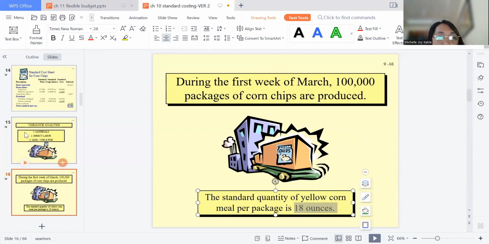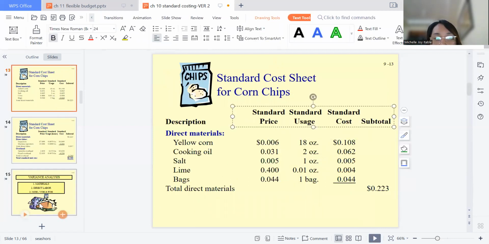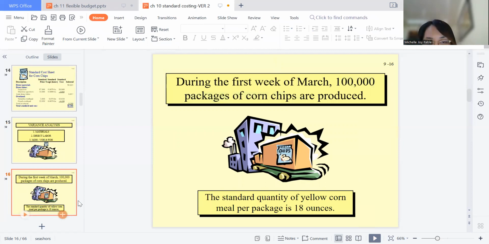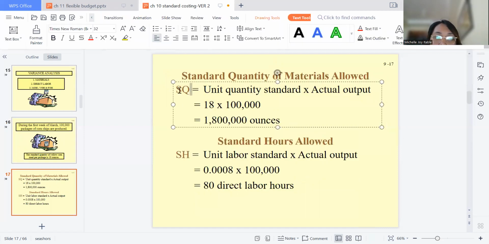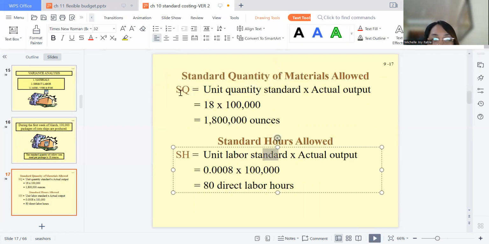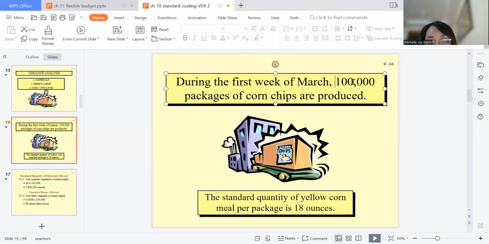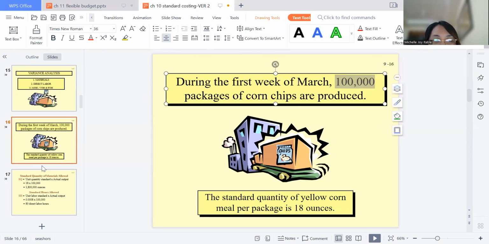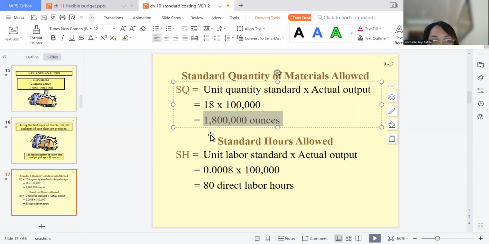We also saw this in the standard cost sheet a while ago. 18 ounces is the standard quantity or standard usage per unit per package. So we can actually compute now the standard quantity. How many did we produce? 100,000 units, so we multiply that by 18 ounces. The standard quantity in ounces is 1,800,000.